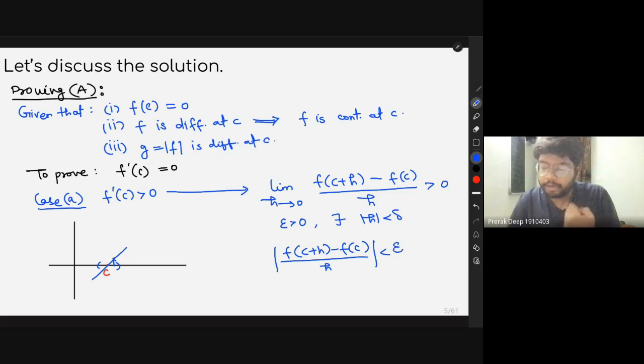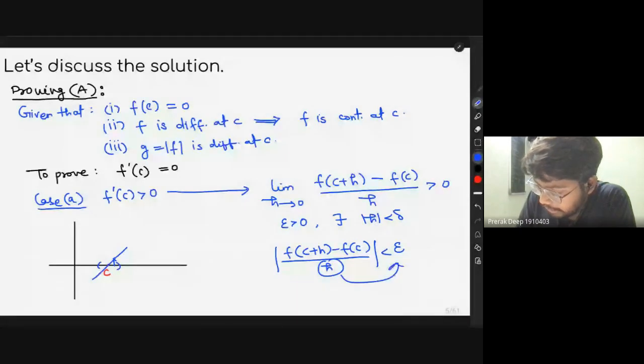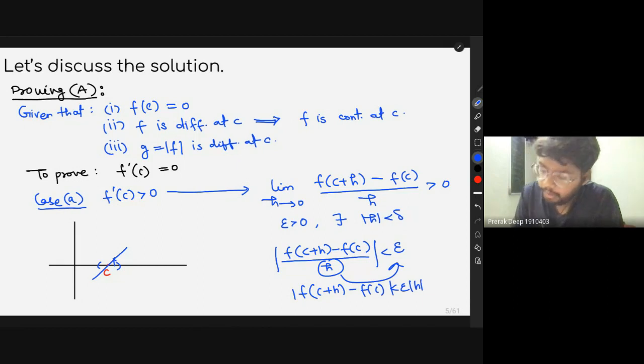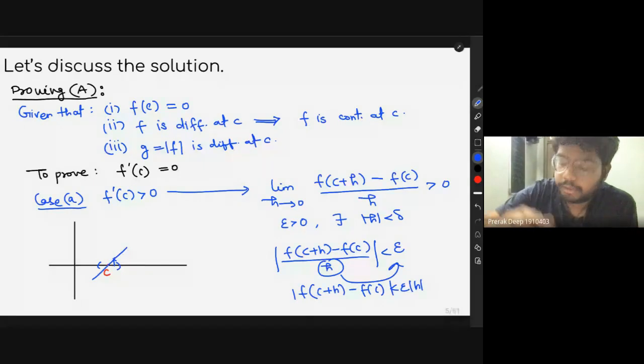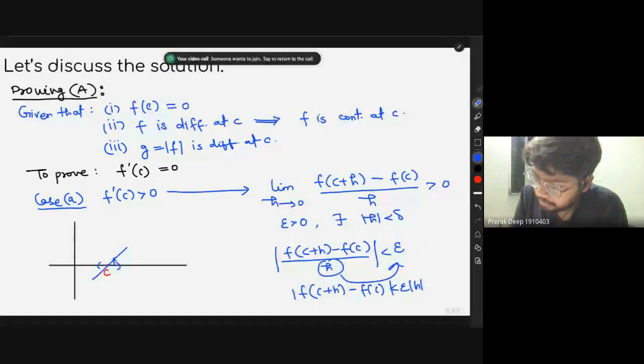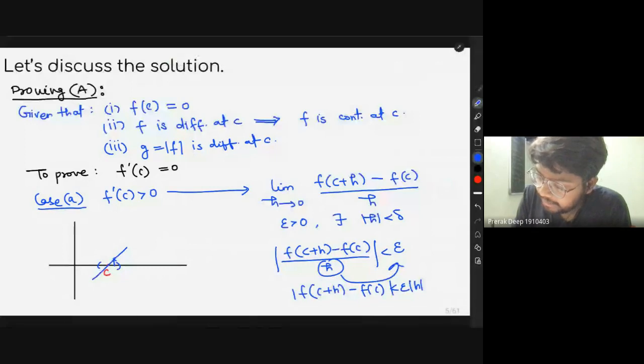This is what it means. In particular, I can take this h on this side.